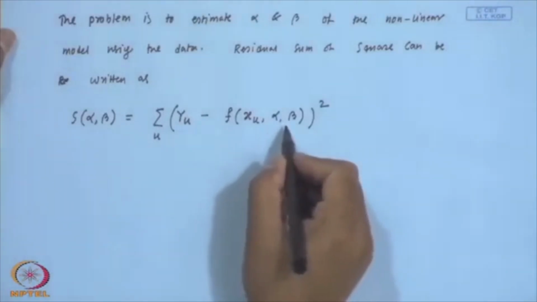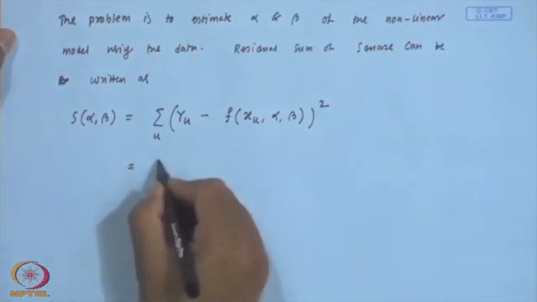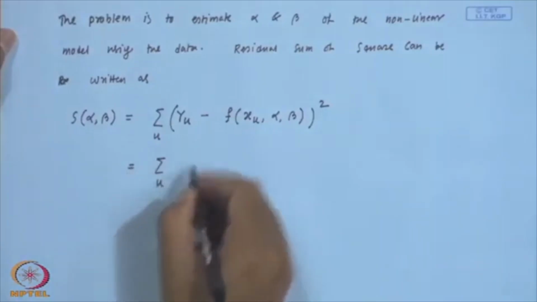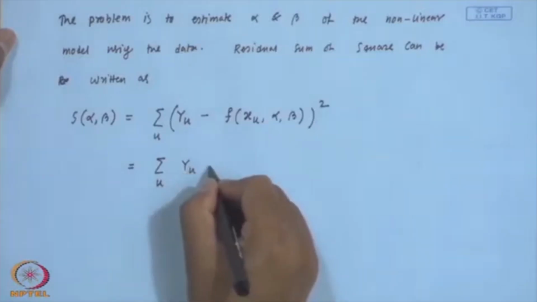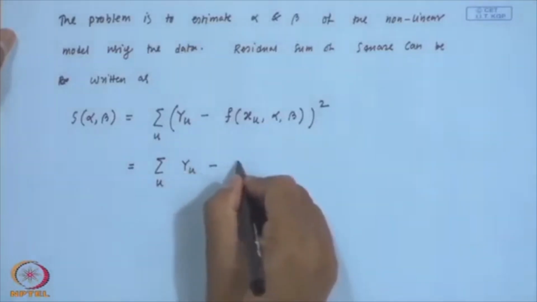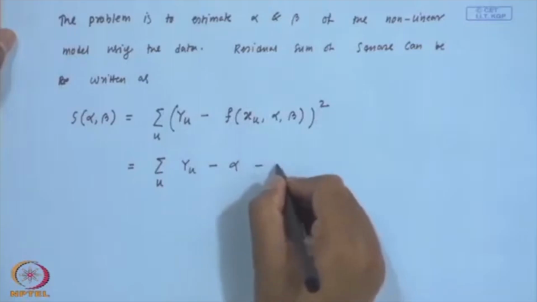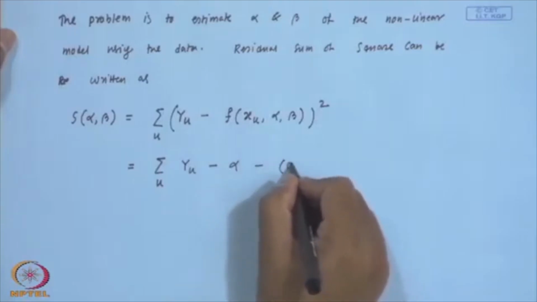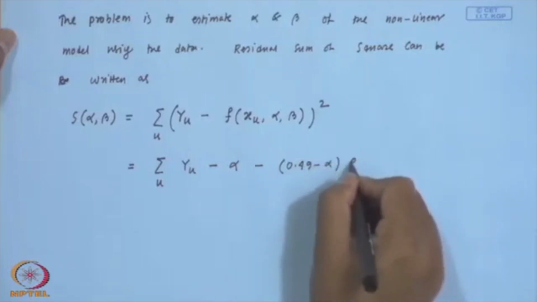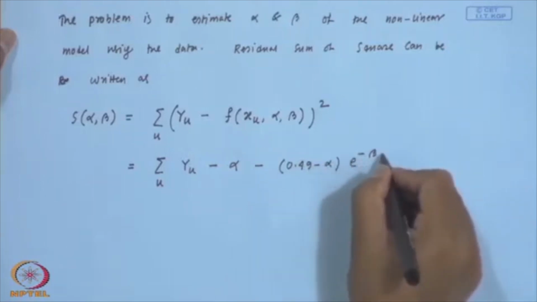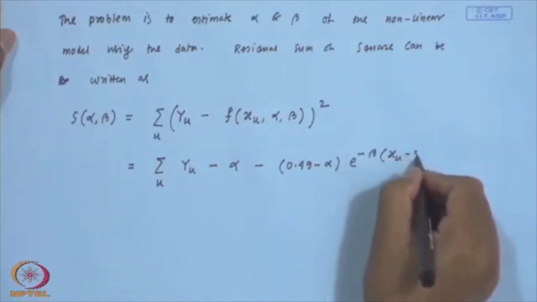in alpha and beta. So, I can write this as y_u minus alpha minus 0.49 minus alpha, e to the power of minus beta x_u minus 8.